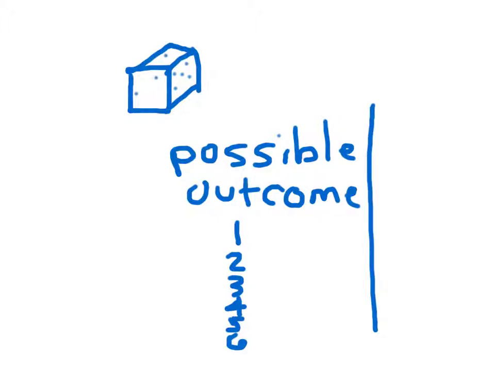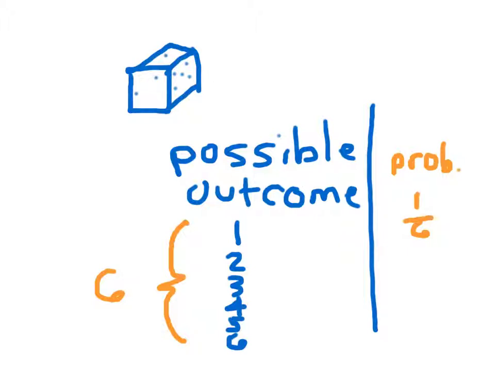Taking a look at that same situation, we can also talk about the probability, or the chances, that the outcome will occur. Each of those chances is expressed as a fraction, where the denominator of the fraction is the total number of possible outcomes. There are 6 possible outcomes there. That's why the denominator for the probability is 6. And the 1 only occurs on one side of that die, and that's why the probability of a 1 is 1/6.